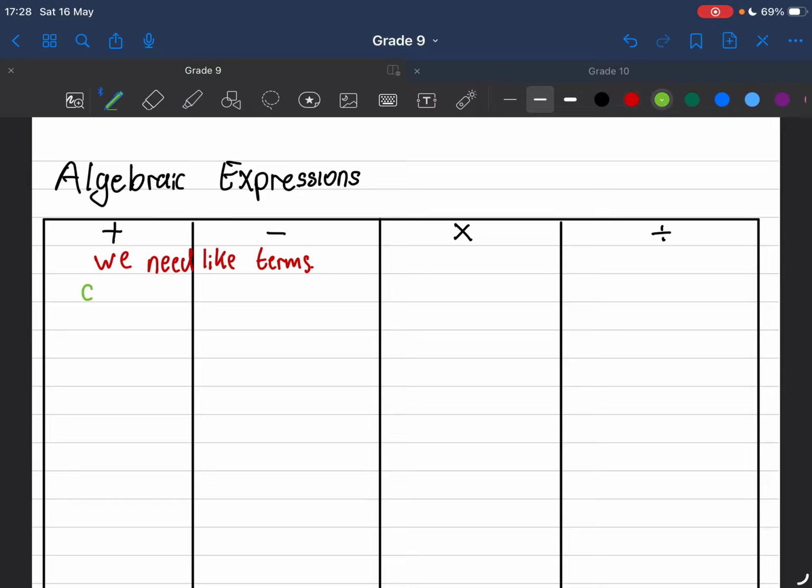Number two, coefficients: the coefficients change. Number three, the variables and exponents stay the same.